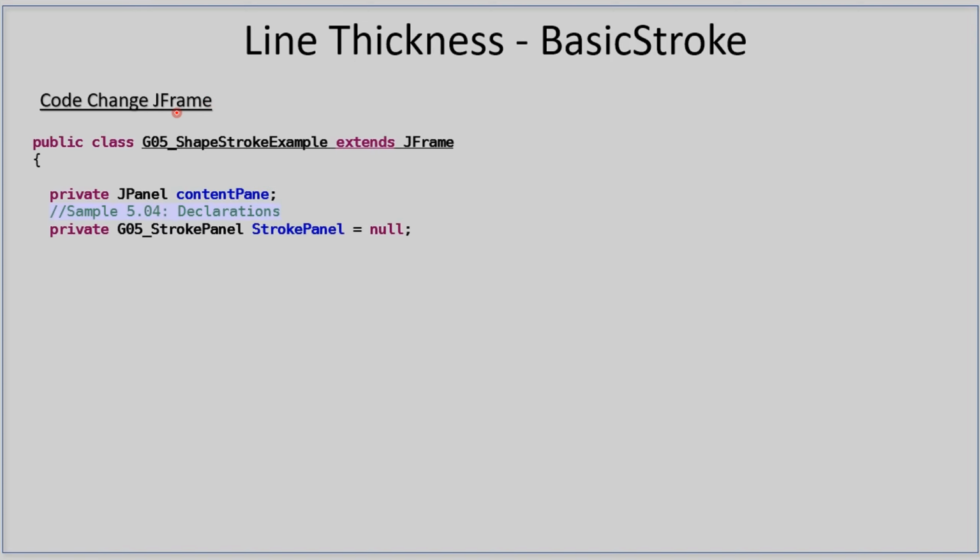Next, we will override the JFrame's paint method. So let's look at some of the code change in the JFrame. So this is our JFrame derived class, and here we hold a reference to our JPanel derived class.